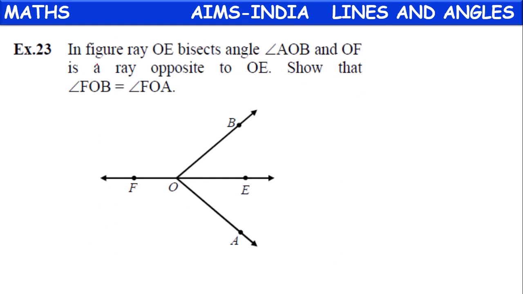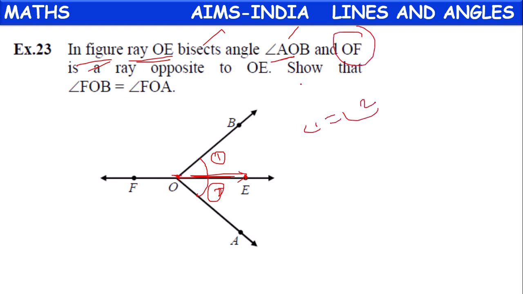Next one. In the figure, ray OE bisects angle AOB. Bisects means it divides into two equal parts, so angle 1 equals angle 2.